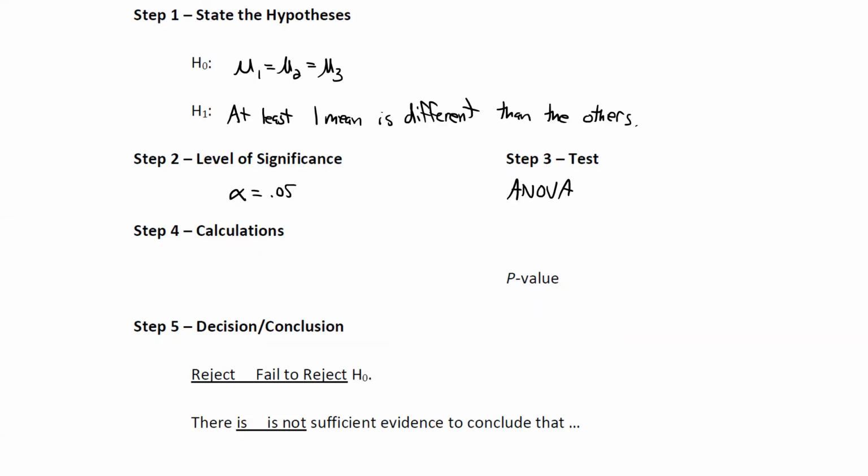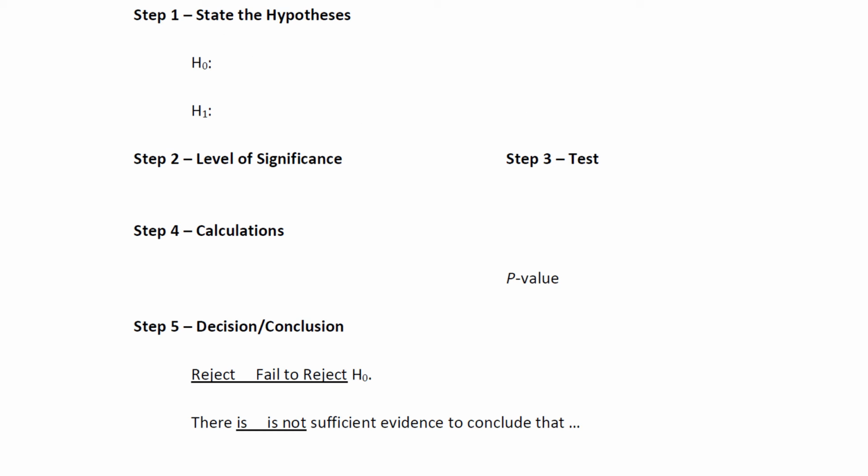Okay, we found the conditions were not satisfied, so we're going to rewrite what we have so far. We need to change all of the mu's in H sub 0 to be m's. We're going to have to change where it says mean in H sub 1 to median, and we're going to have to change the name of the test. Let's go ahead and get started with that.